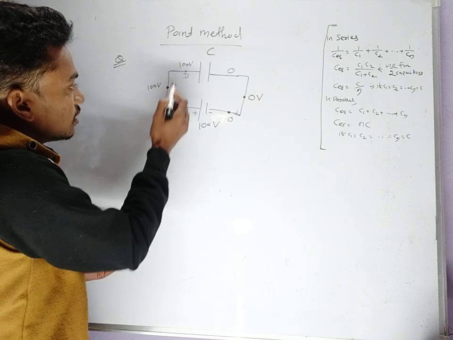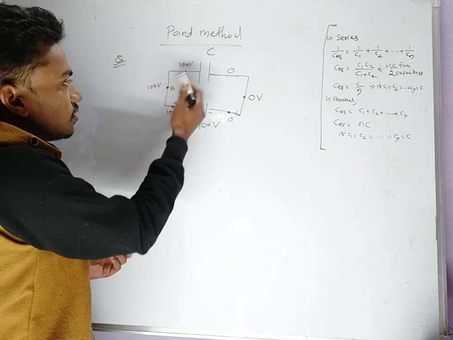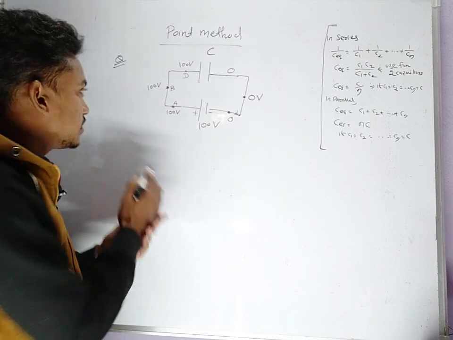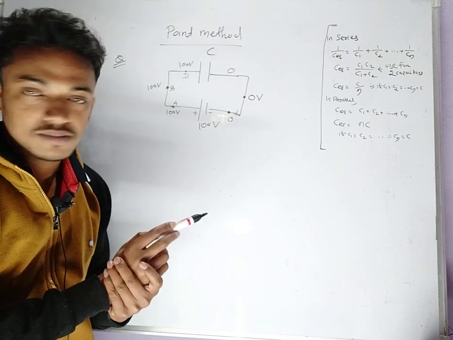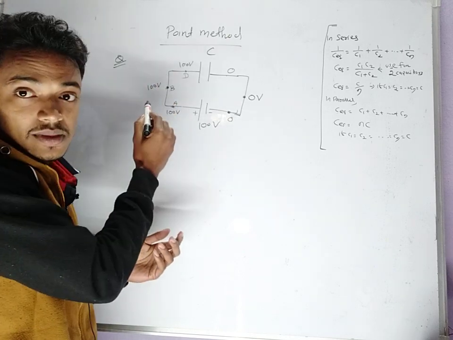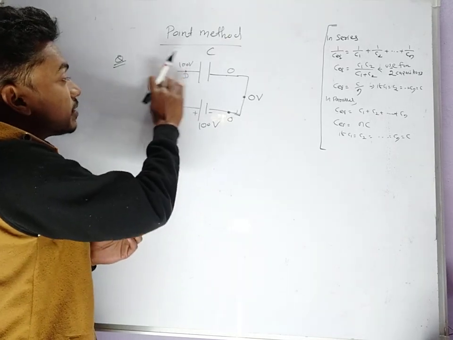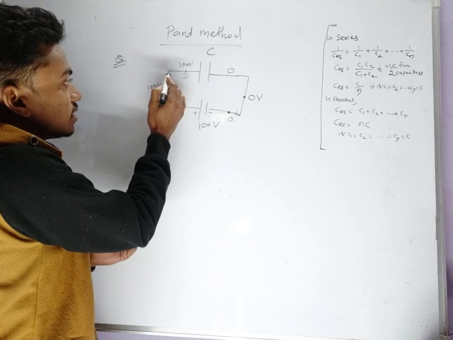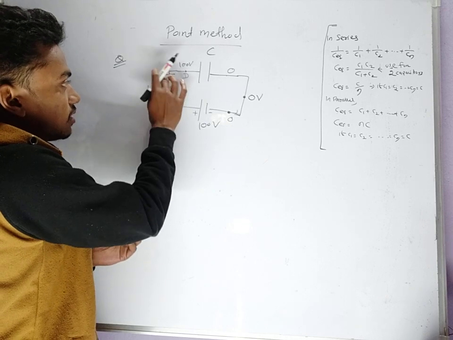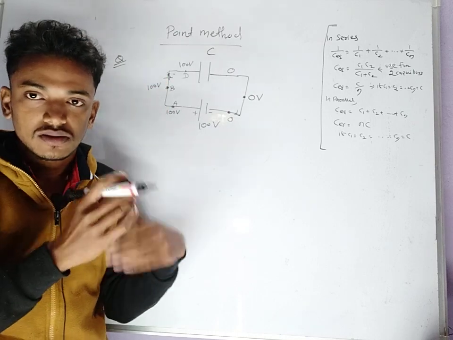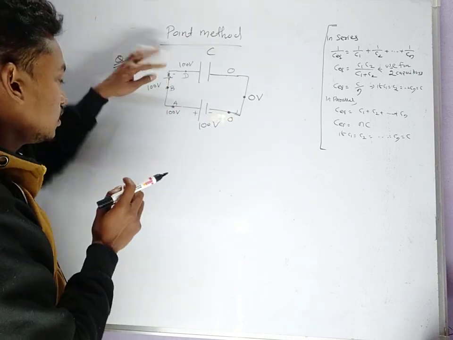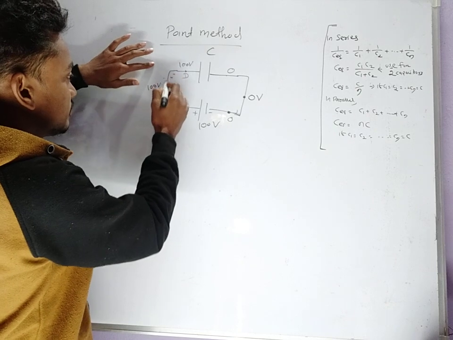Similarly, suppose it's D, the potential drop between B and D is also 0. Potential difference 0 means potential at B and potential at D will be the same because there is no element between them. If there is an element present between B and D, suppose a capacitor or a resistor, then there is a drop or rise in potential, so the potential changes.